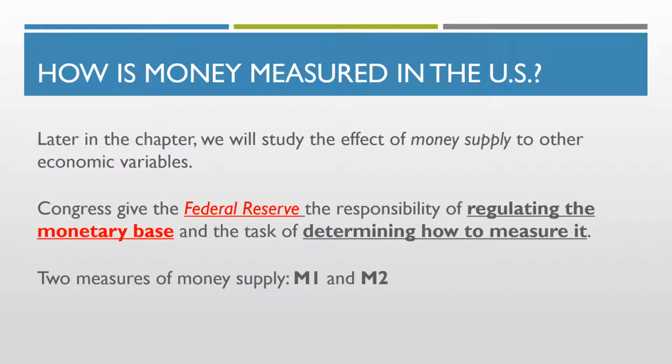There are, in general, two measures of money supply in the United States, and they're very easy to remember. The first is what we call M1, which is the most liquid. The second is called M2, which includes the liquid assets in the United States and some less liquid assets.